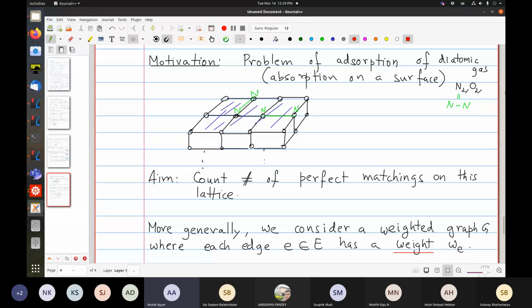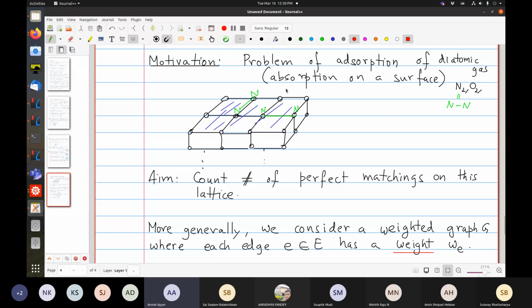Suppose you don't have a purely diatomic vapor. I mean, this solid is sitting in a combination of a monoatomic and a diatomic gas. Then you can easily imagine that the isolated vertices are occupied by these monoatomic gas molecules.